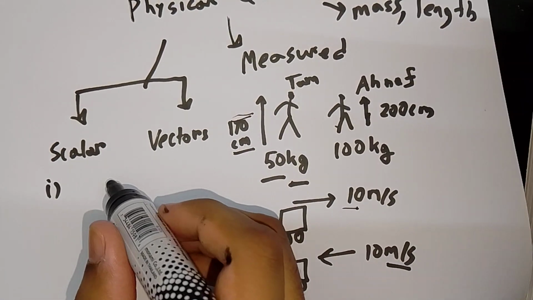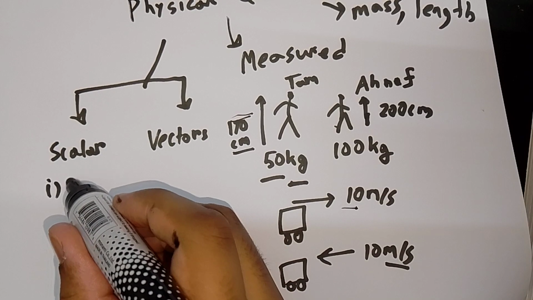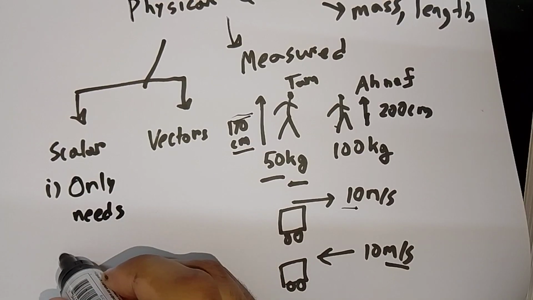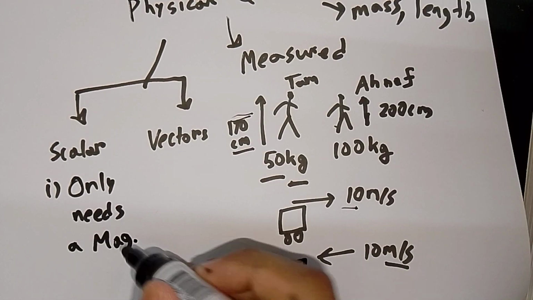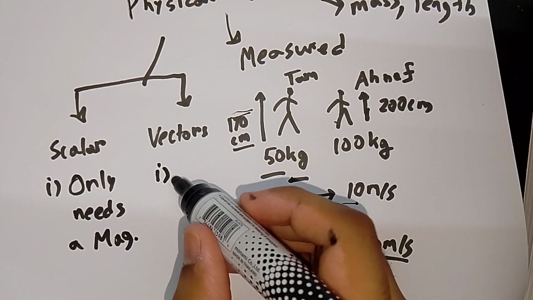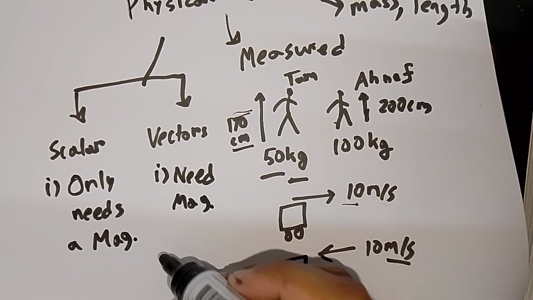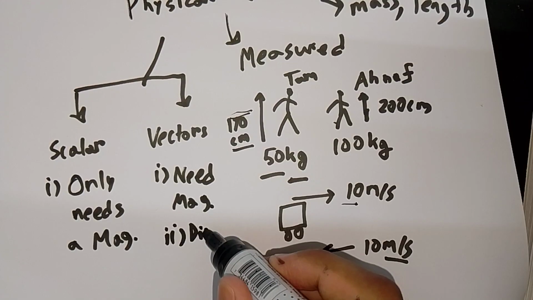So in the simplest of terms, we could say that a scalar only needs a magnitude, while vectors need a magnitude as well as a direction.